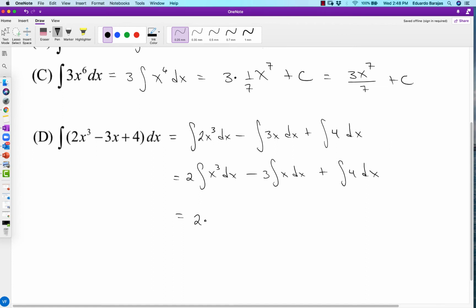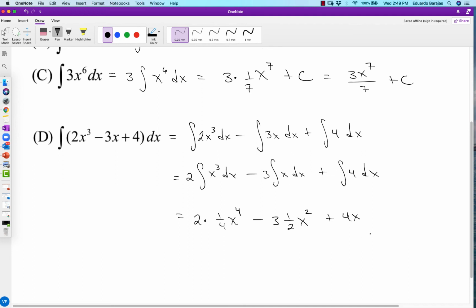Good. Now we can find the integral of each one of these. This would be 2 times, remember we subtract 1 to find derivatives, and we add 1 to the exponent to find antiderivatives. So this is going to be 1/4 x to the 4th power minus 3 times 1/2 x to the 2nd power plus 4x, right? Kind of guessing and checking through this, try taking the derivative of this and confirm that in fact you get that.